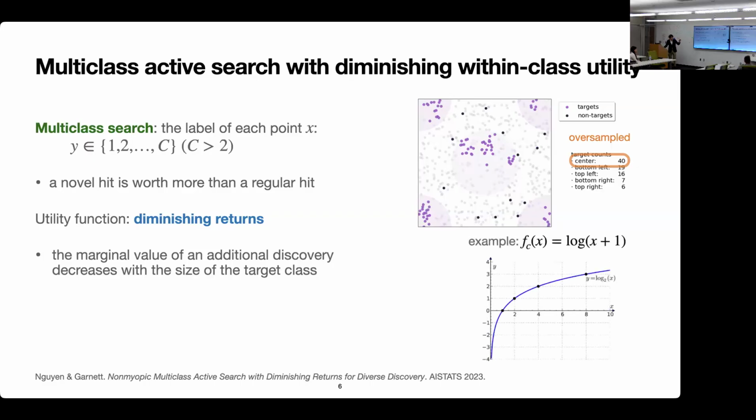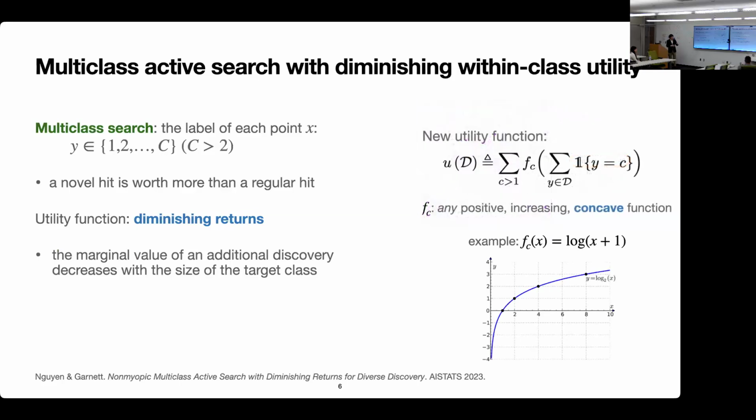One example is this log function that increases but tapers off as the input increases. So we introduce this new utility function that is different from the binary setting, which simply counts the number of positives that you found. This utility function includes a positive increasing and crucially concave function for the number of targets that you found for each target class. So it will encourage diversity in the targets that you have found.